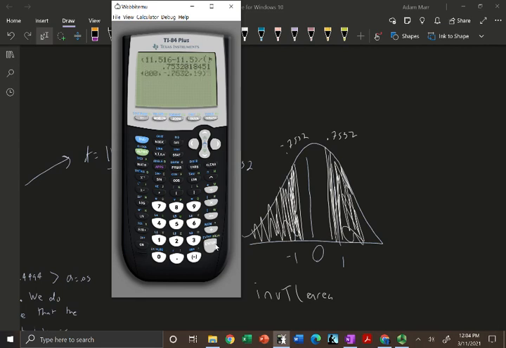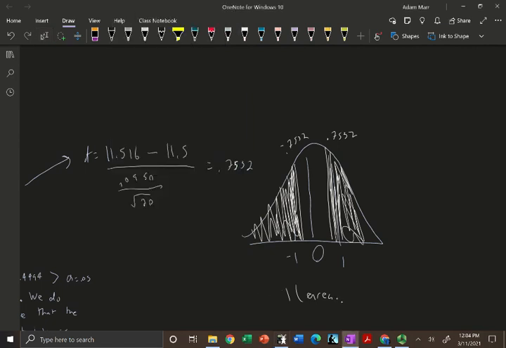So that comes out to be 0.230, and then I have to multiply that by 2. Let me just put in all what I put in. TCDF, lower is -10,000, upper is -0.7532, and then the degrees of freedom, which is 19.